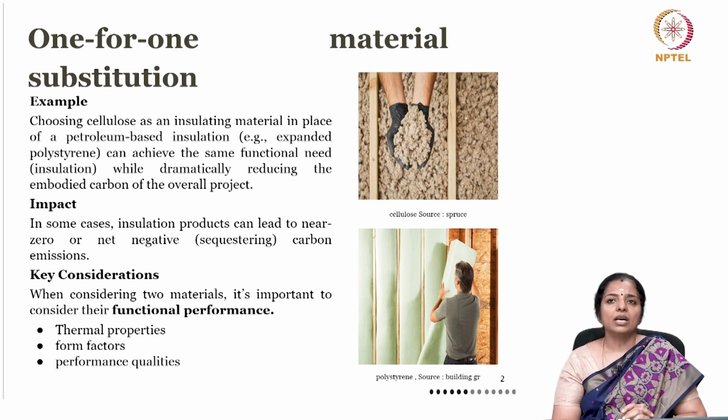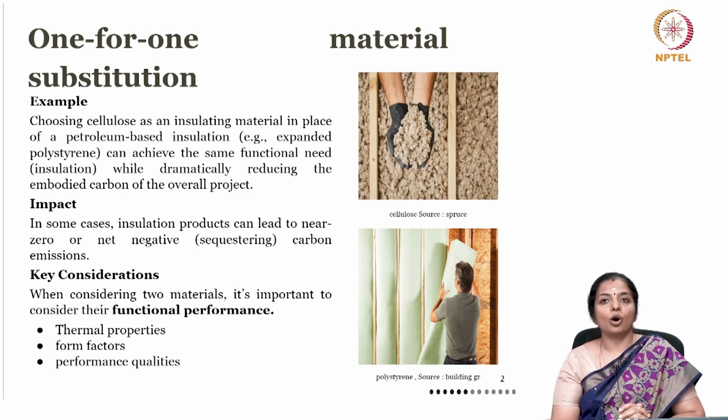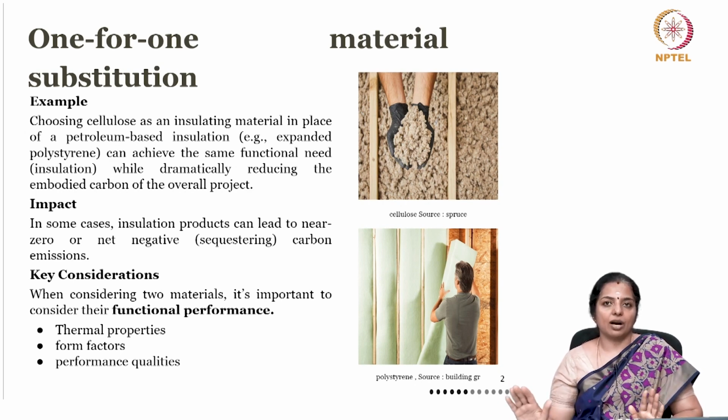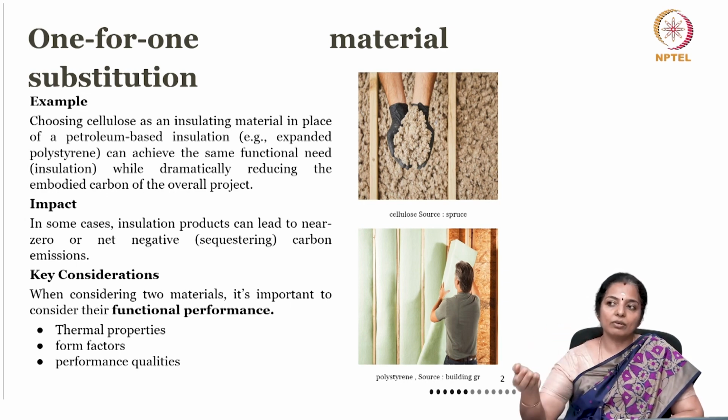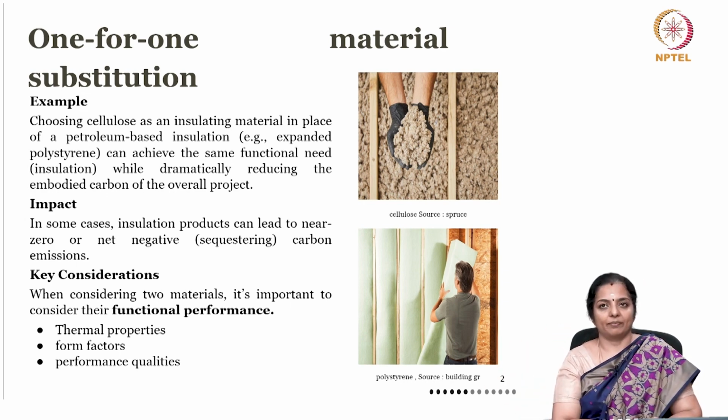Another example, we can specify carpet tile rather than broadloom or sheet carpets to reduce installation and maintenance waste. Because broadloom carpet typically generates 10 to 20% installation waste and cannot be easily repaired if damaged in one particular section. So, if you have one large carpet and there is damage, then you have to remove the entire carpet.